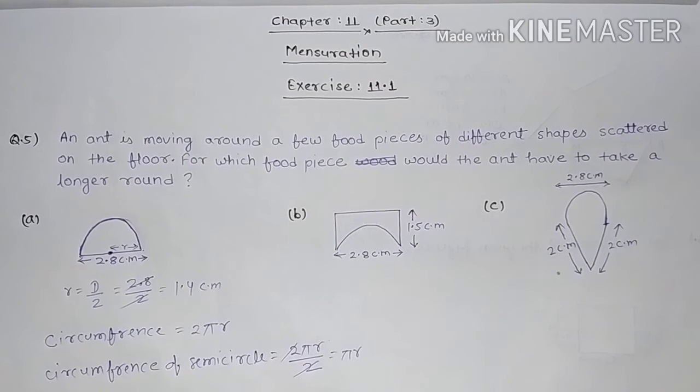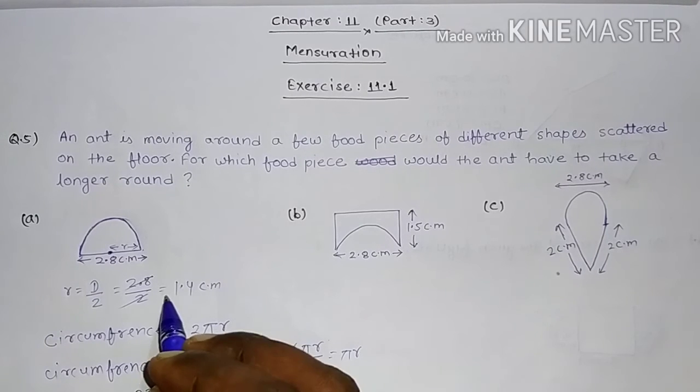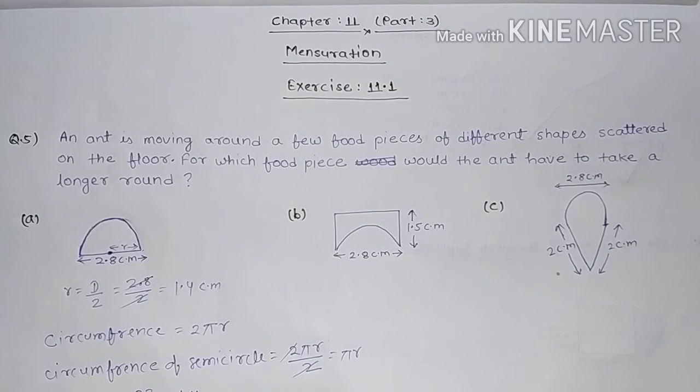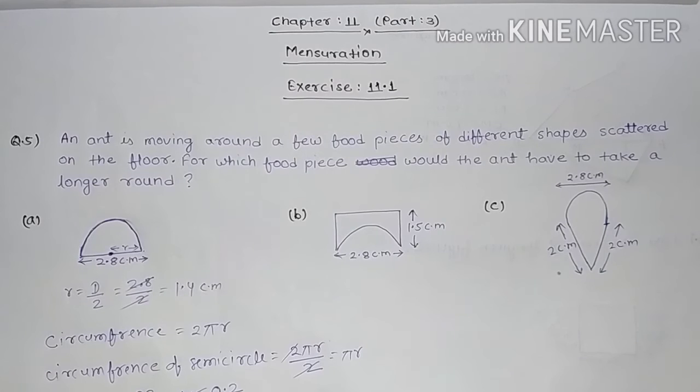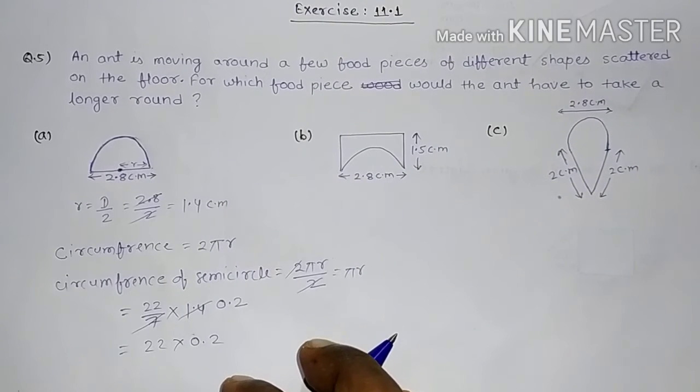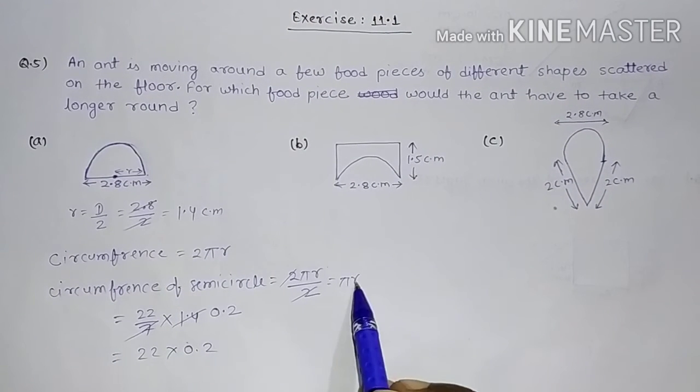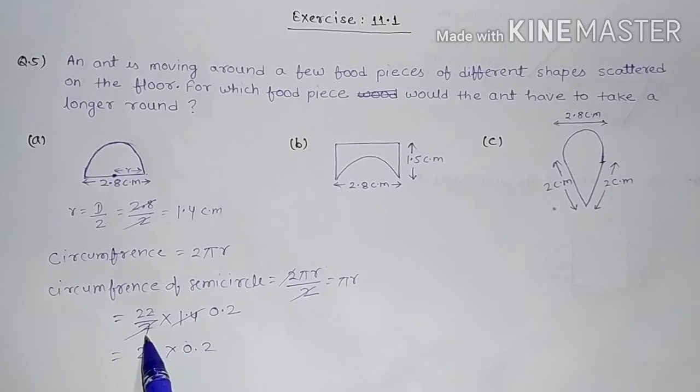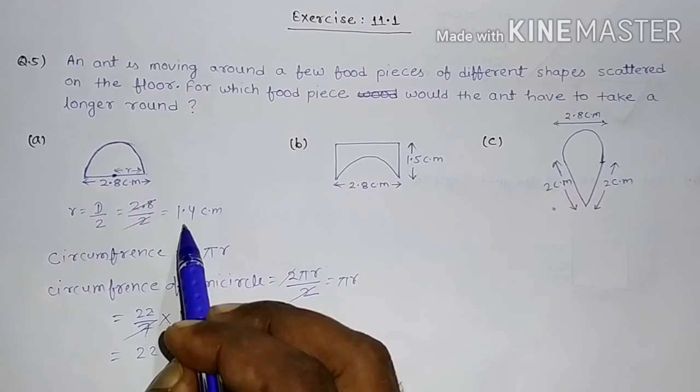Now circumference of semicircle is pi r, and just put the value, pi equals 22 by 7, and r is given here as 1.4 centimeter. Just simplify it. This is pi r, so the value of pi is 22 by 7 into r, which is given here as 1.4 centimeter.